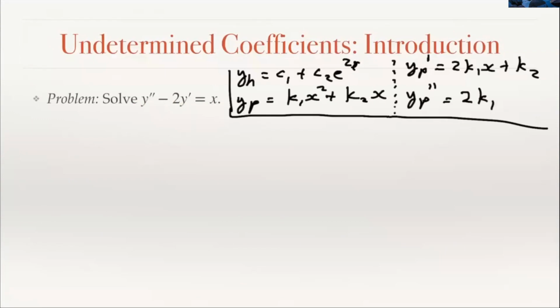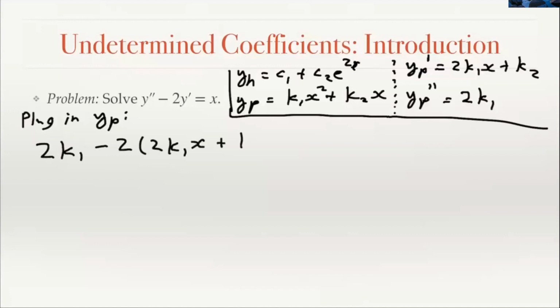All right, so it's always a good idea to pre-compute your derivatives so you can easily plug in. So the derivative of yp is that, the derivative of that is that, and now we can plug in. So we plug in our guess yp, and we have 2k1 minus 2 times 2k1x plus k2 is equal to x.